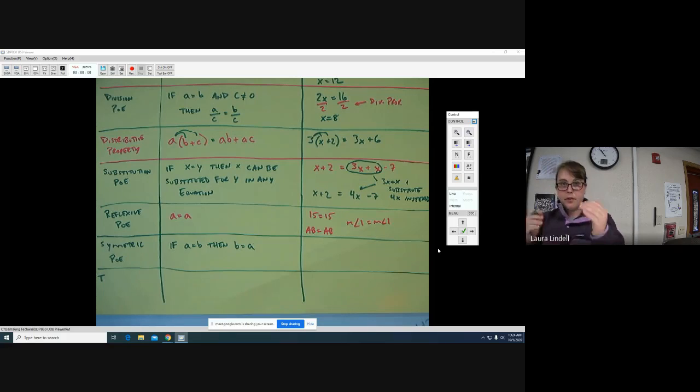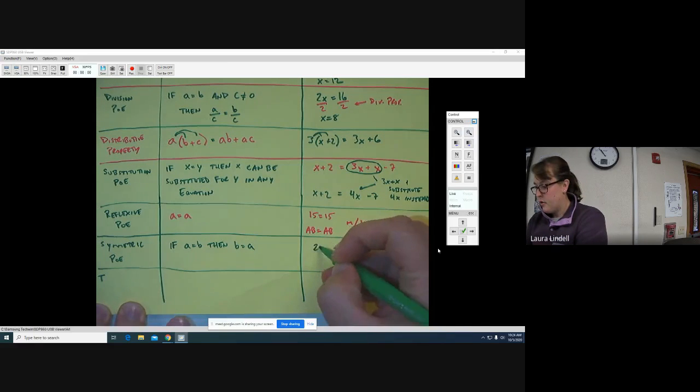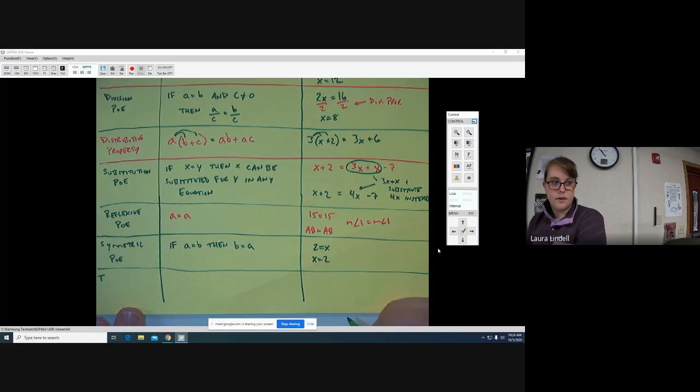So if you end up with, at the end of your equation or something like that, you have 2 equals X, then you can switch it around and say X equals 2. So that's my justification for being able to switch the order there.